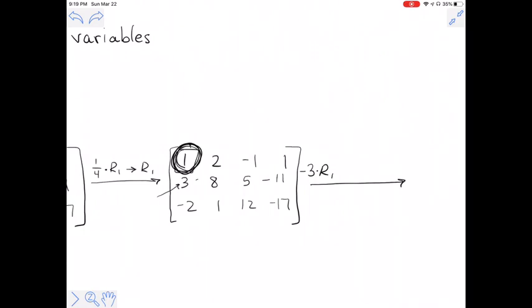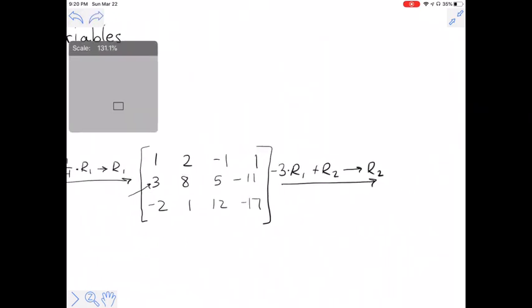I'm concerned about making this -3 so I can add it to that +3 to make 0. And you're thinking, well, you just made a 1 right here, so why would you want to change it to -3? It only changes to -3 so I can add it to row 2, and then I'm going to replace the entries in row 2, meaning row 1 is going to stay the same so that this 1 I just created doesn't change.